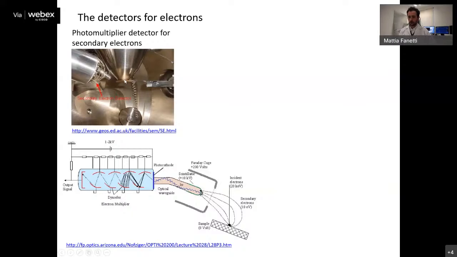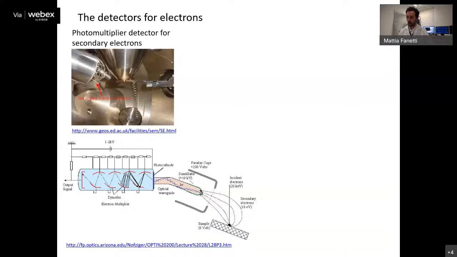The very first important signal that I'm going to speak about is the secondary electrons. I will tell you in a few minutes what they are. There is a detector here inside which collects the secondary electrons. These secondary electrons are typically electrons with low kinetic energy, let's say from 0 to 50 eV.